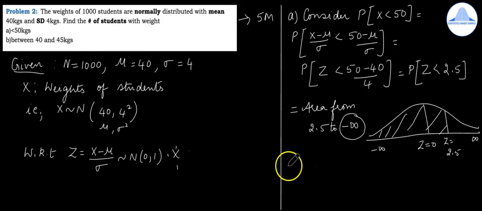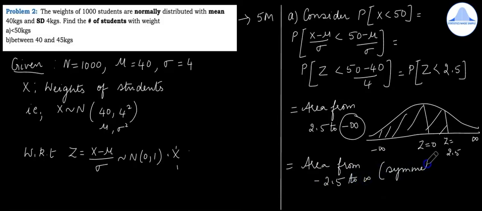So now what you should do, you should change the sign throughout. So this becomes area from minus 2.5 to infinity. And what is the reason? This can happen only because the normal distribution is symmetric. So next find out what is the area from minus 2.5 to infinity.